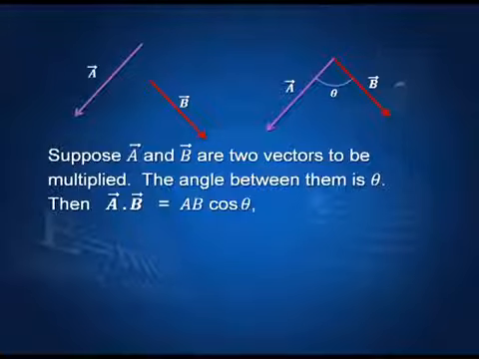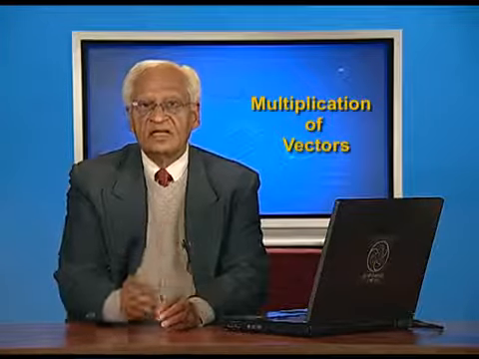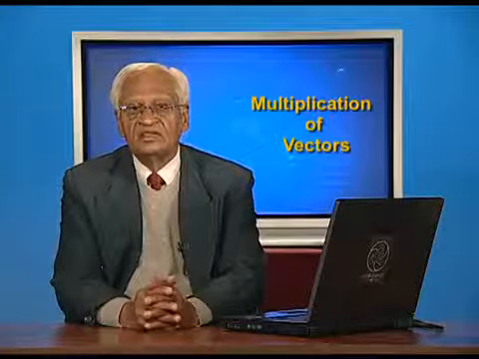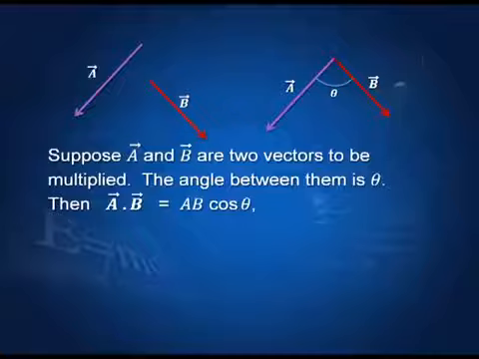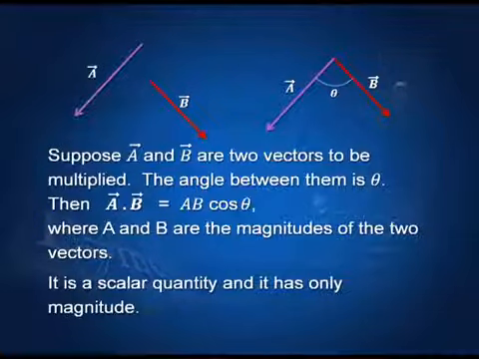Then the product A dot B is equal to A B cosine theta, where A is the magnitude of vector A, B is the magnitude of vector B, and theta is the angle between these two vectors. Remember that vector A dot vector B is always equal to A B cosine theta. Theta is the angle between them, and the product is a scalar quantity.